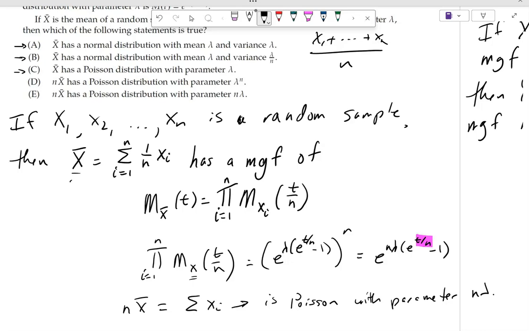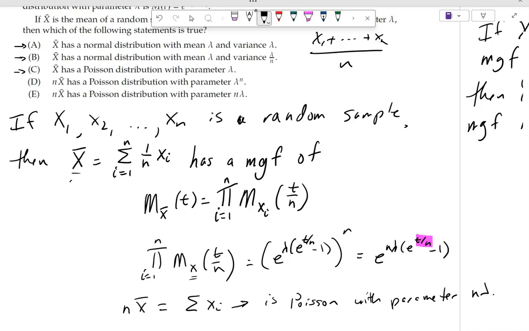We know how to do the moment generating function for a constant times a random variable. You replace the t with that constant times t, and then your n's cancel. And I see that n lambda here as my parameter then. To get that n to cancel in the denominator, I would need to put an nt in the numerator, right? So that's why I have the n times the random variable there.